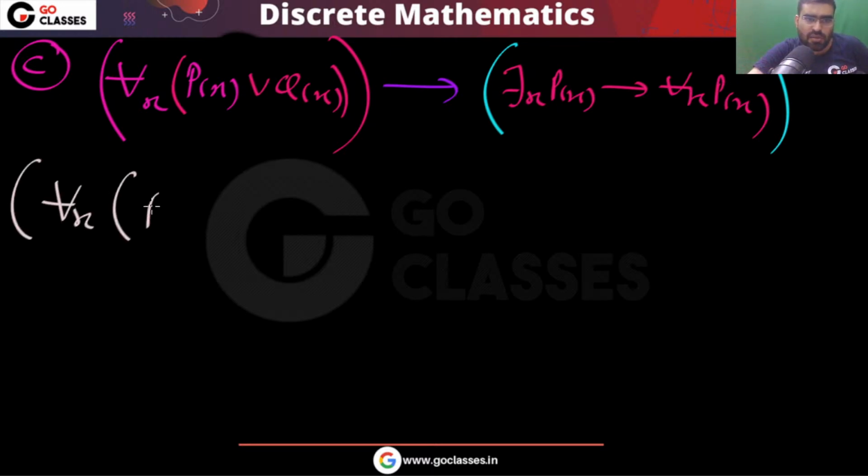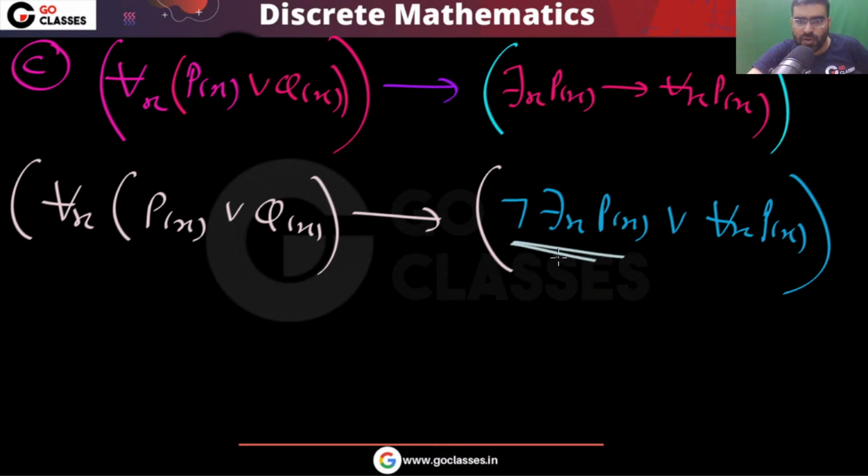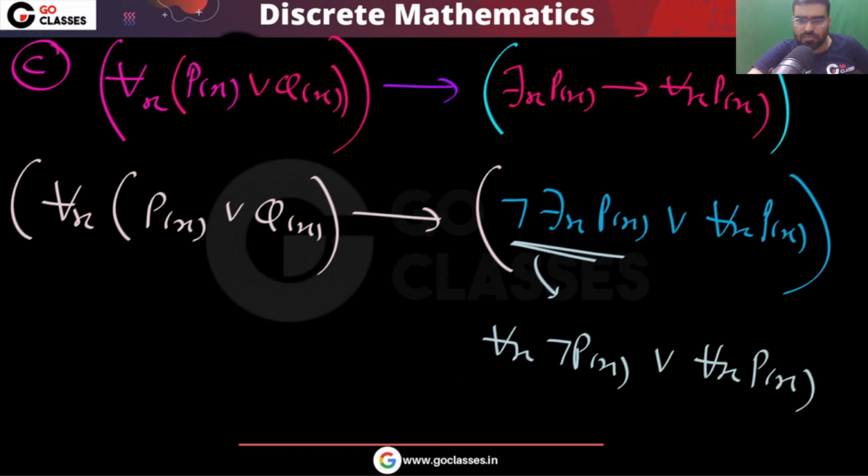For all x Px or Qx implies, on this side you can write the negation of this or this: the negation of there exists x Px or for all x Px. This will be for all x negation Px or for all x Px.